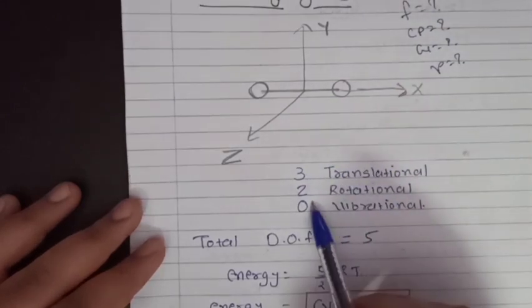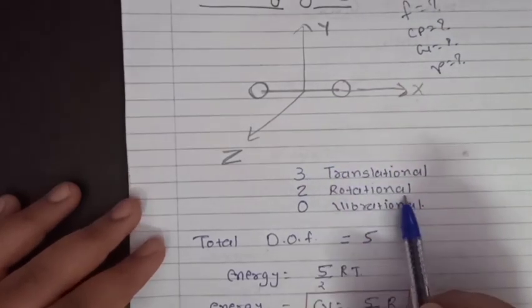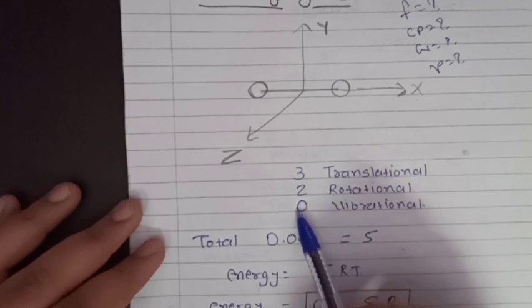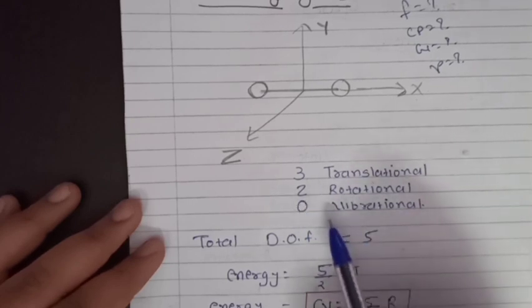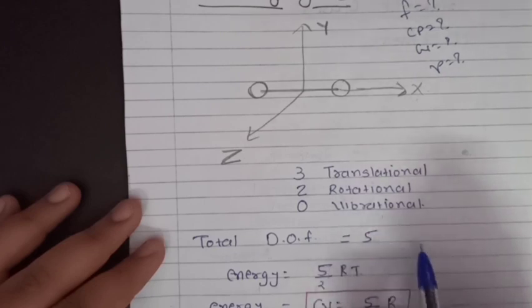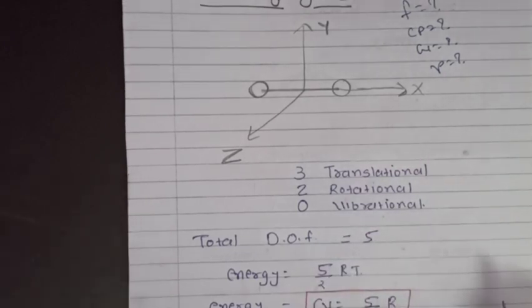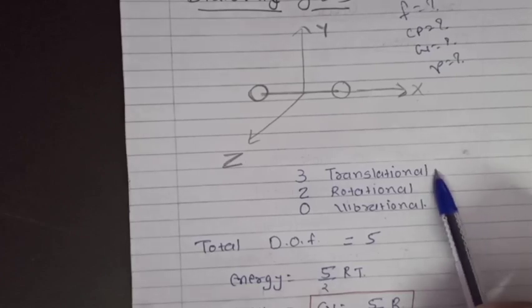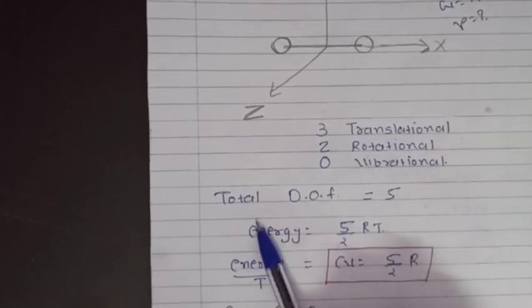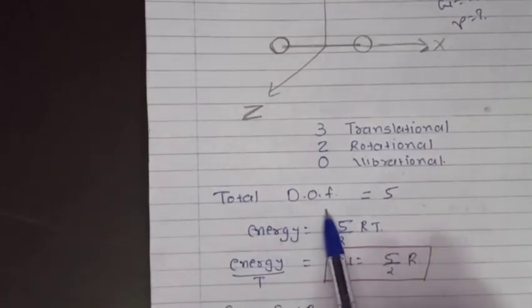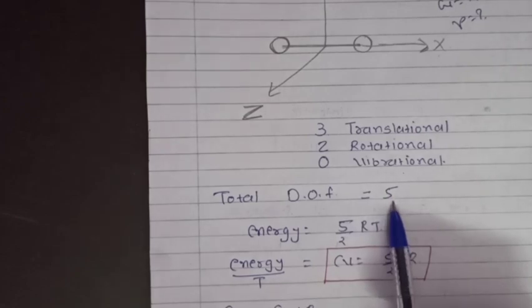So there will be two rotational energies. Again, nothing is mentioned about temperature, so we will not consider any vibrational mode of energy at normal temperature. So diatomic gas will have 3 translational and 2 rotational degrees of freedom. So the total degree of freedom for diatomic gas will be 5.